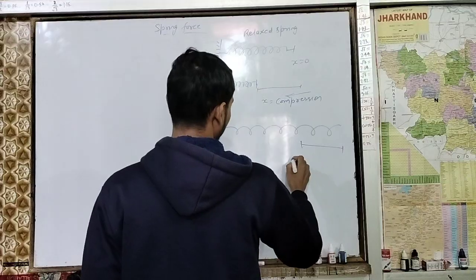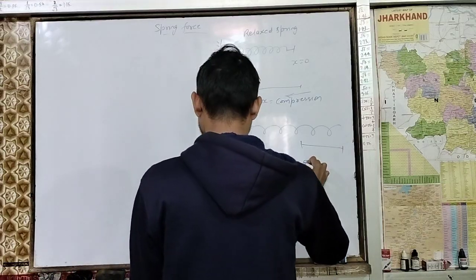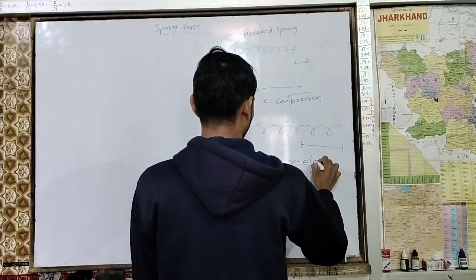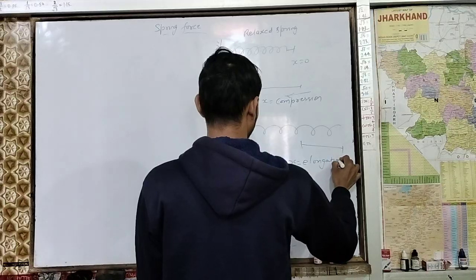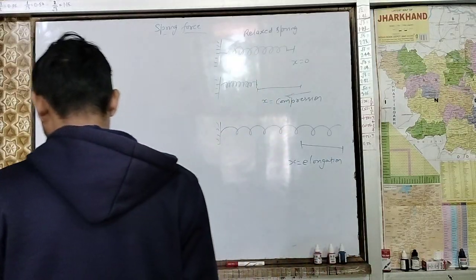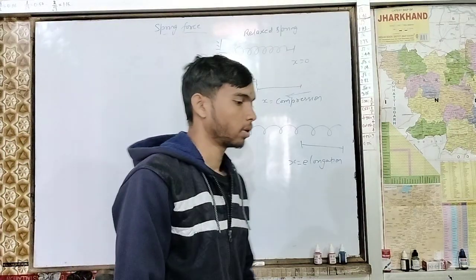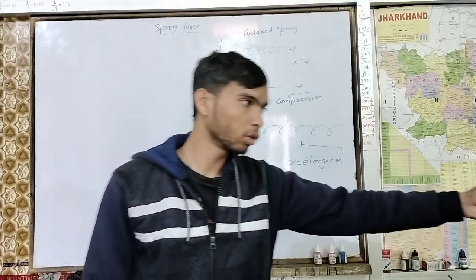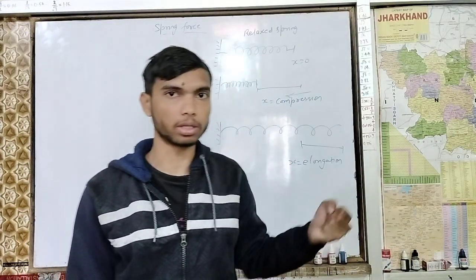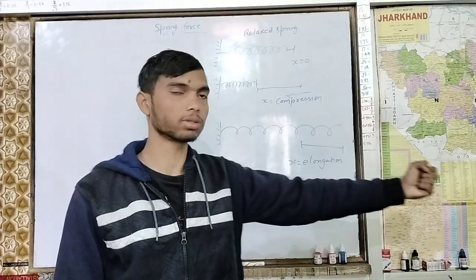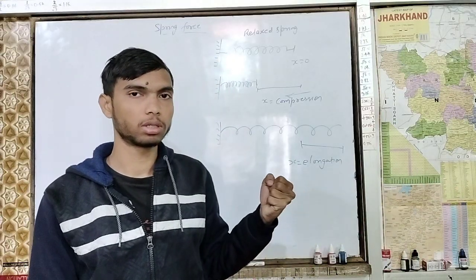This will be our elongation. x will be equal to the elongation. When you are pulling, you will get elongation.